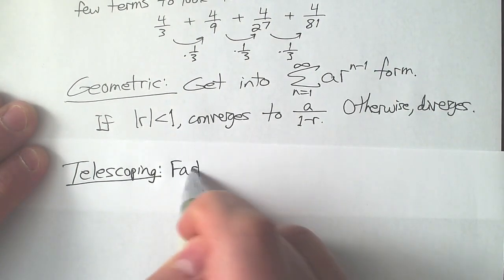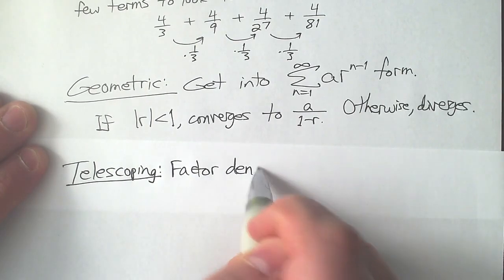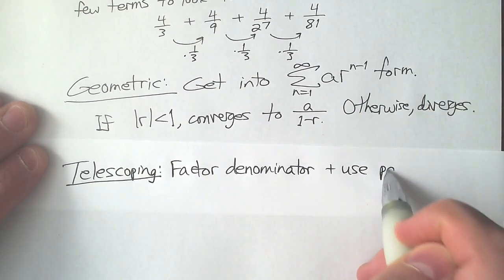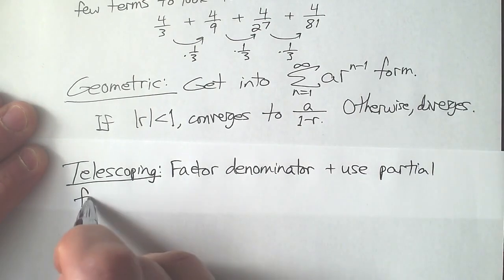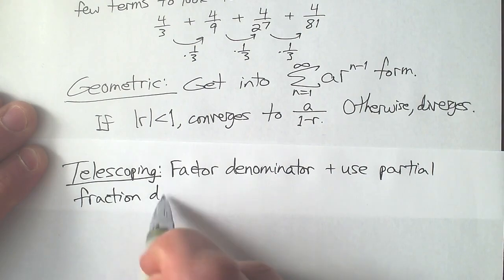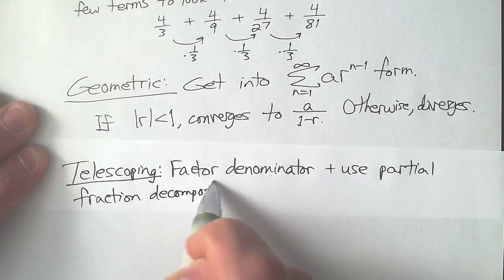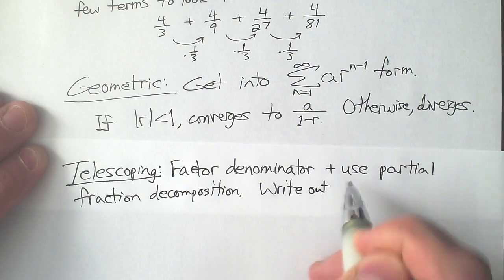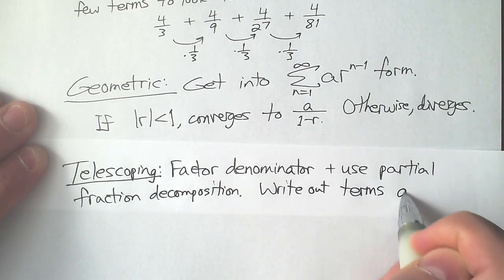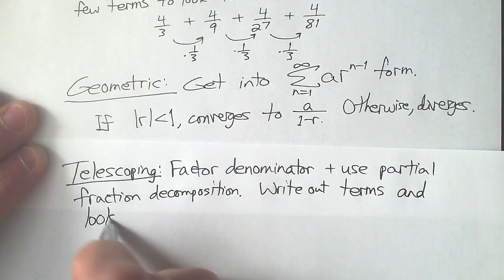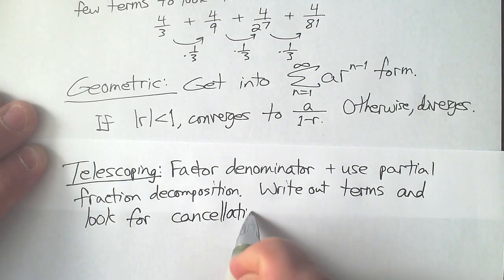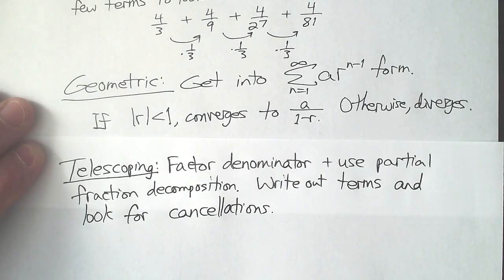But I'll say factor the denominator, and use partial fraction decomposition. And then write out terms and look for cancellations. That was the main thing we did, we looked for what gets crossed out and what remains.